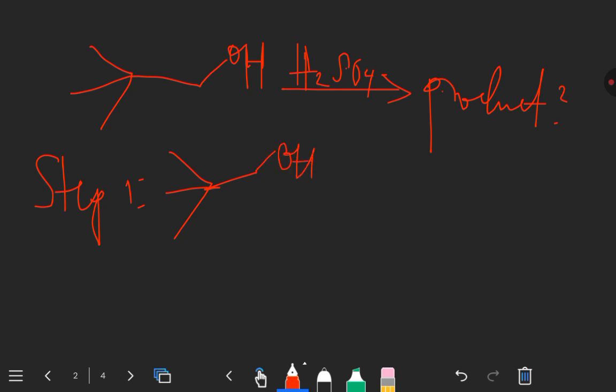To protonate it, we can use this same concentrated sulfuric acid which we have. We'll write it in this manner, starting with H, because it's the one we are interested in.